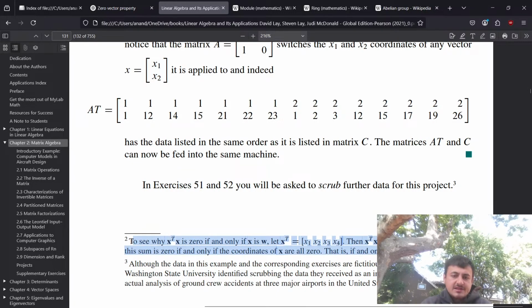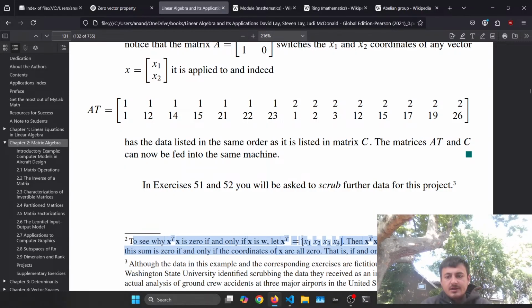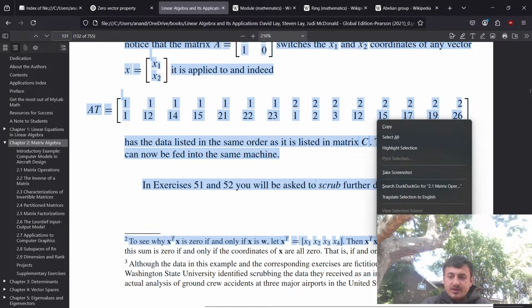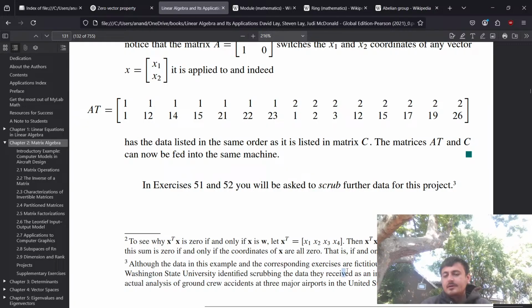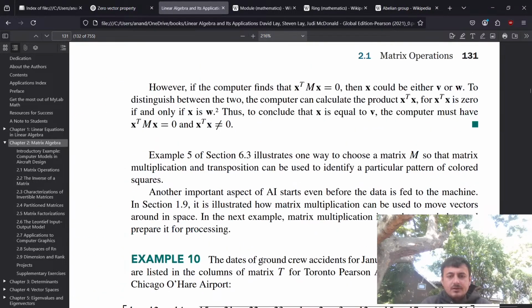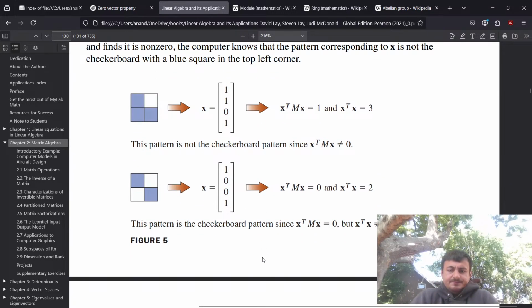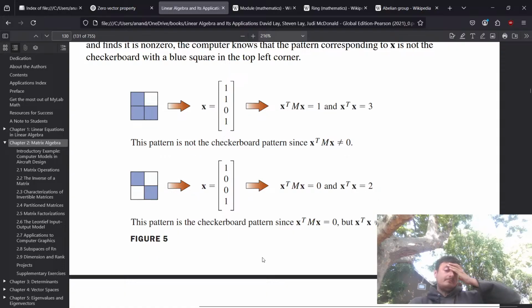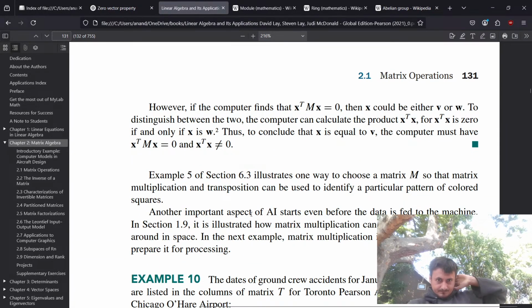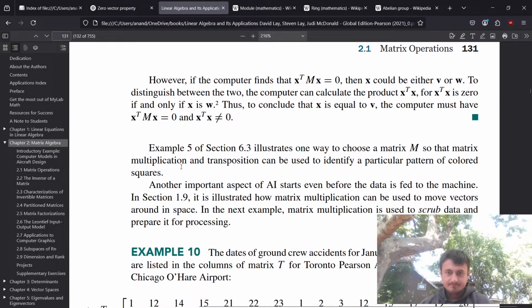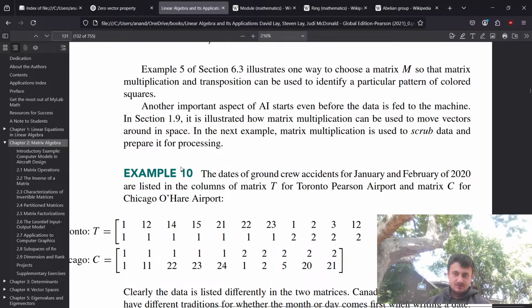To see why x transpose x is 0 if and only if x is 0, you just write out the dot product as a symbolic thing, and then notice that they all got to be. Oh. This seems like a cool example.